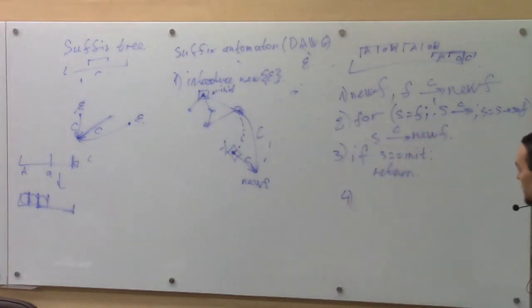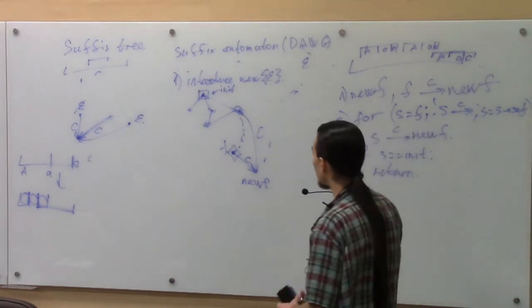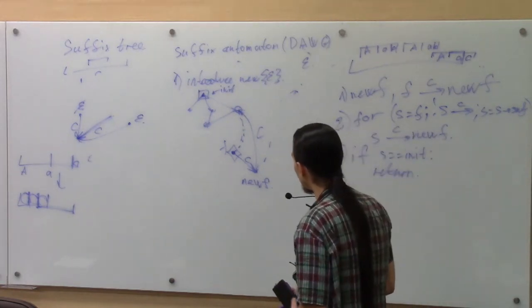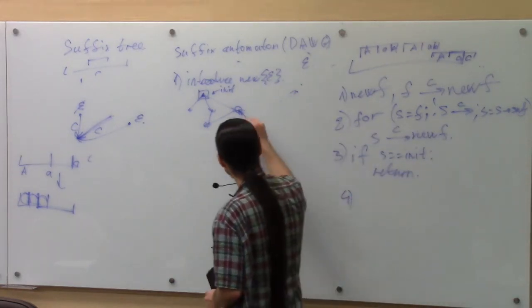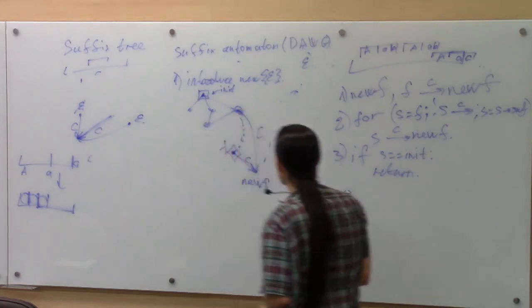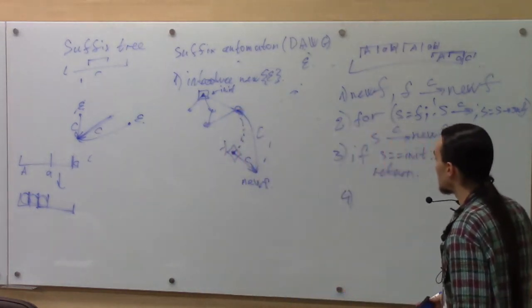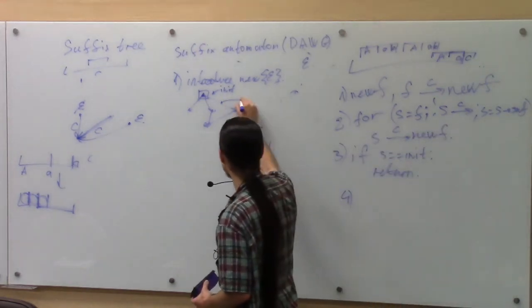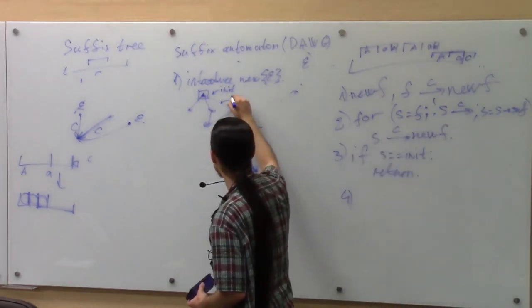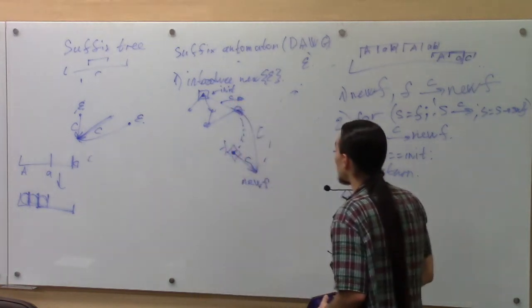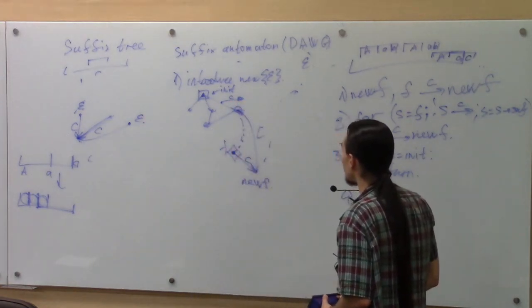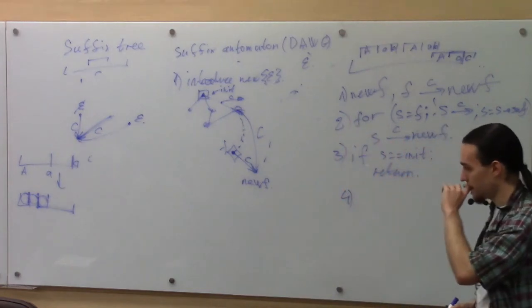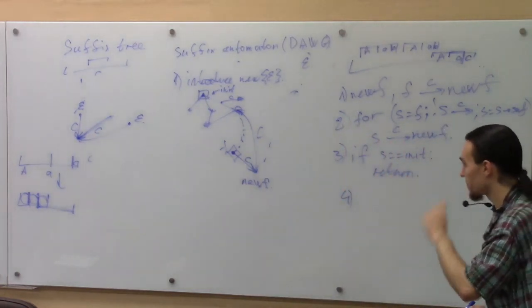Otherwise, we have a particular state which has C going down. So now actually two things can happen.